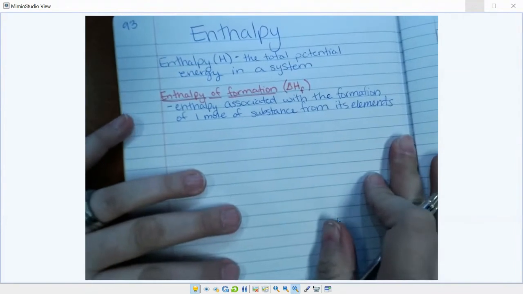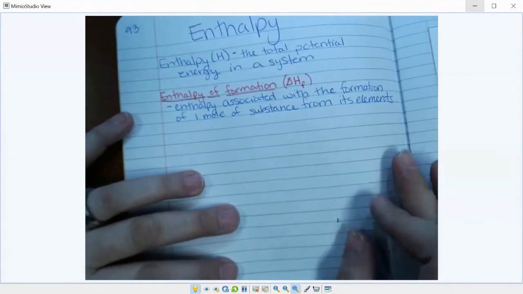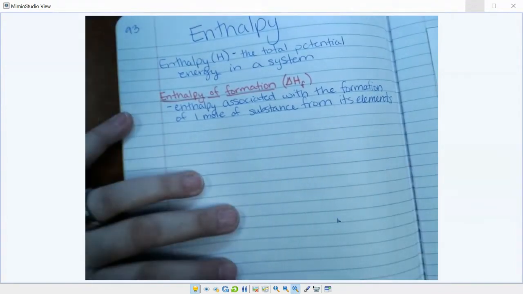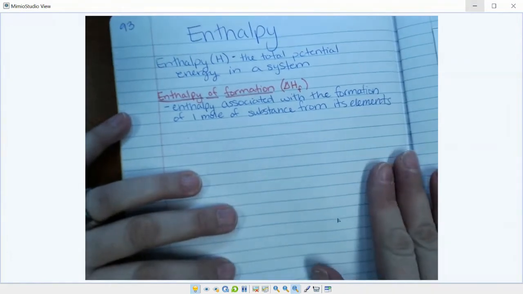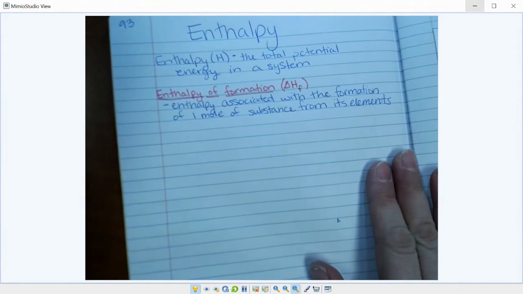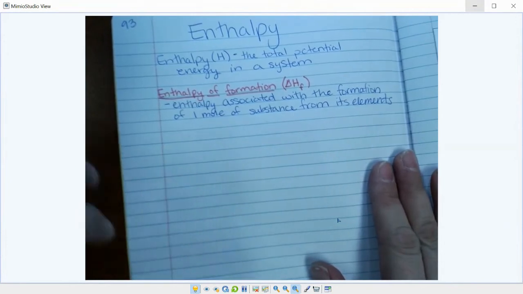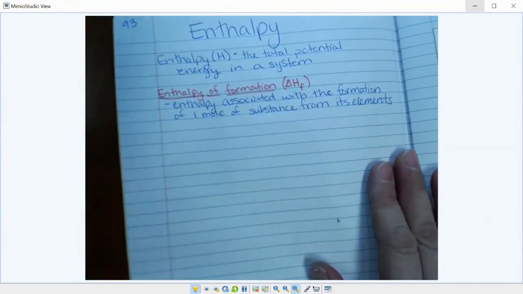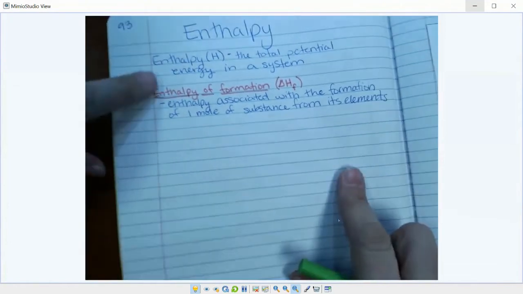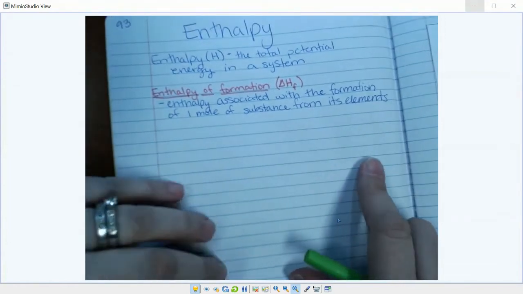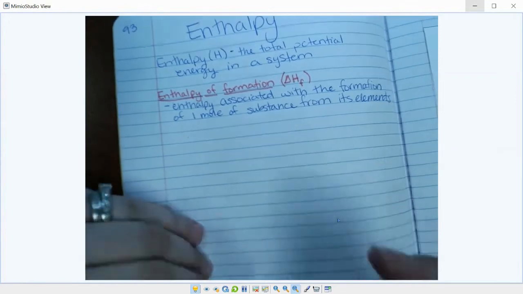So it's the formation of 1 mole of substance from its elements. So, for example, sodium chloride was formed from the element sodium and the element chlorine. And so there's a certain amount of enthalpy that's associated with that process happening.